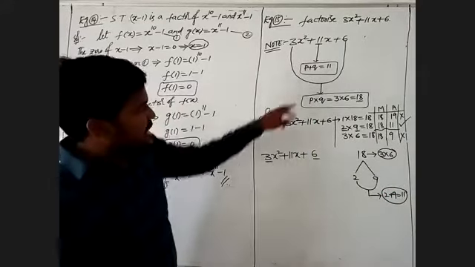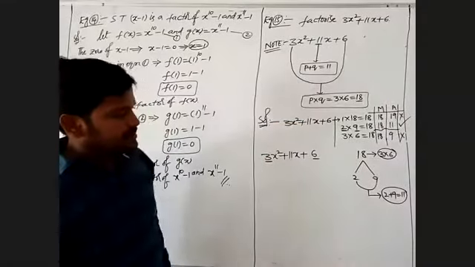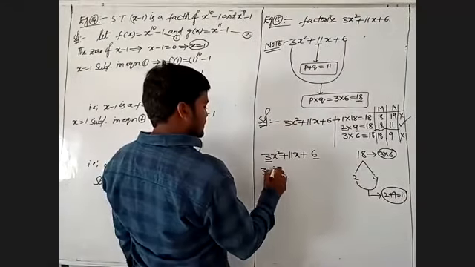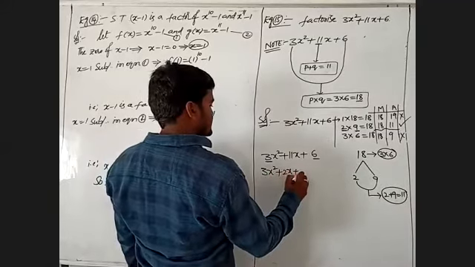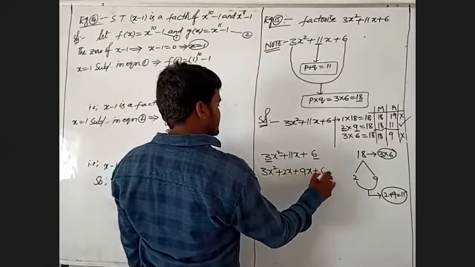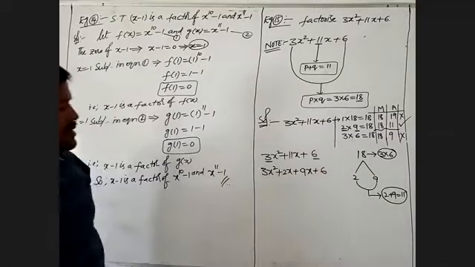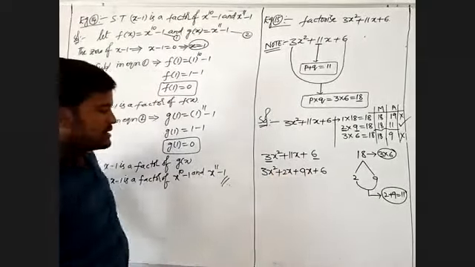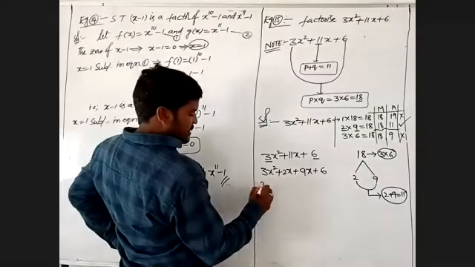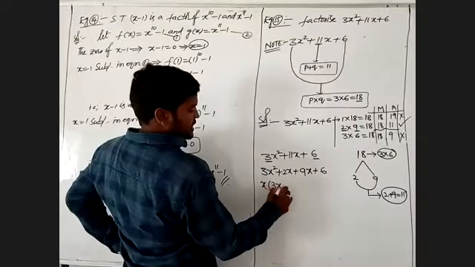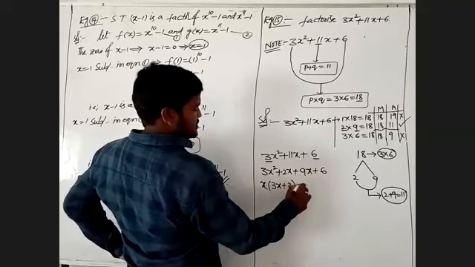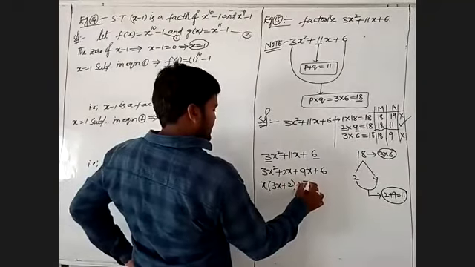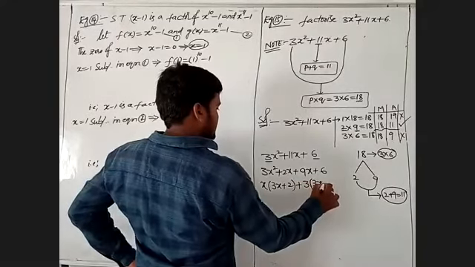When the second condition is also satisfied, I will write 3x square plus 2x plus 9x plus 6. 2x plus 9x is equal to 11x. Will write here in this one, x is common, remaining will be written as 3x plus 2. In this given term 3 is common, remaining is 3x plus 2.